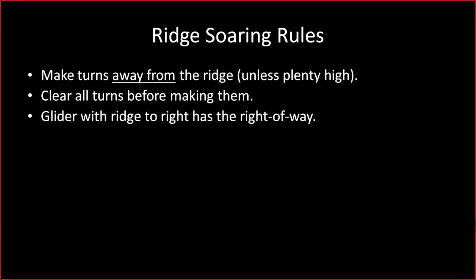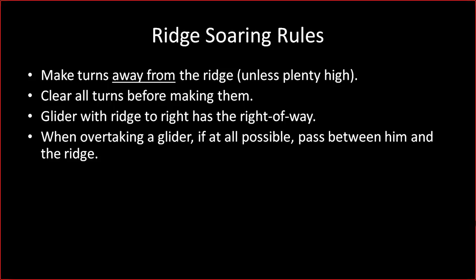So if you're flying down the ridge with the ridge to your left and you're on a head-on path with another glider, it's your responsibility to move out from the ridge and let him through. So you go around him, he doesn't go around you. Sort of like in America, we drive on the right side of the road, so that's the same sort of thing.